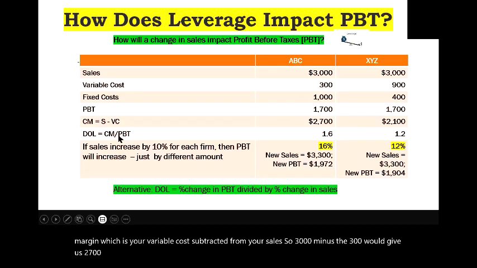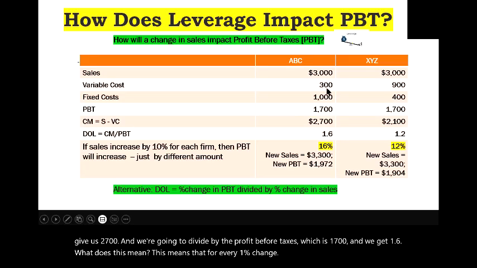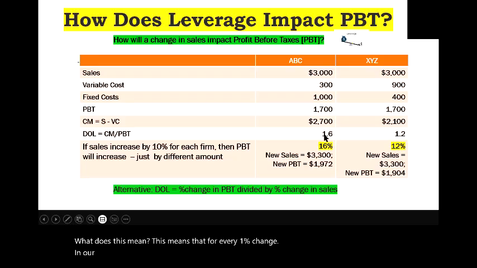And we're going to divide that by the profit before taxes, which is 1,700, and we get 1.6. What does this mean? This means that for every 1% change in our sales, our profit before taxes will increase by 1.6. It works the opposite way as well.